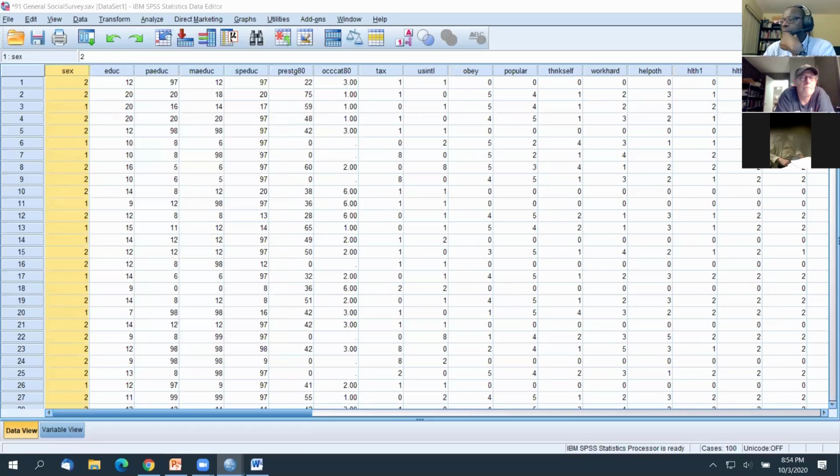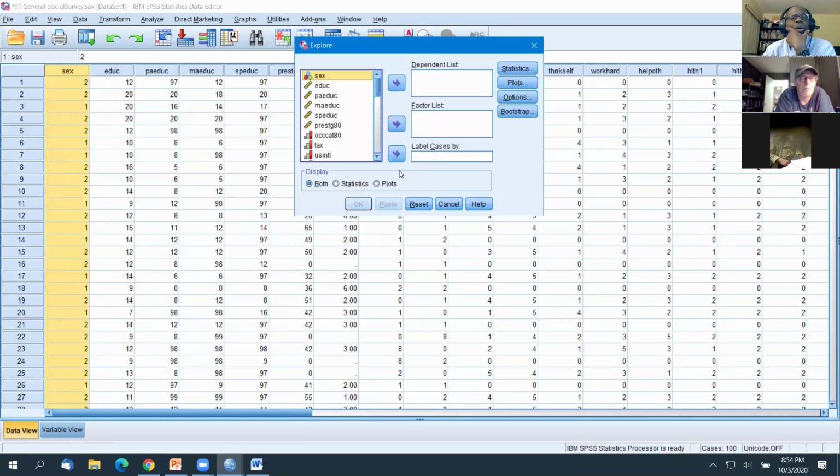Then we have the dependent list. We know that education is our dependent continuous variable, so we put that there. And we put our categorical independent variable into the factor list.